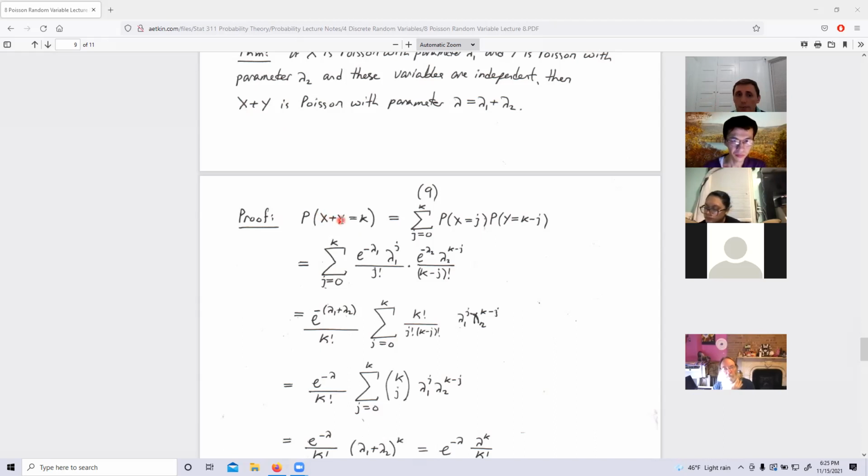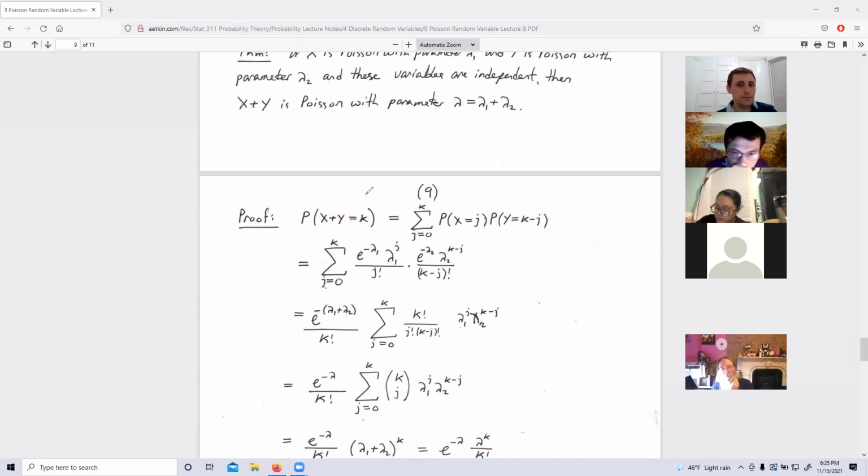So what's the probability that x plus y equals k? What are the ways for this to happen? x equal to 0, y equal to k; x equal to 1, y equal to k minus 1. Do you agree? In general, x equal to j, y equal to k minus j, right?